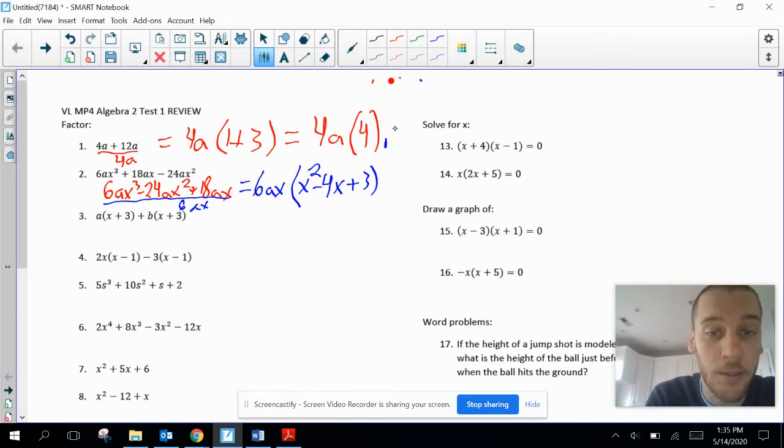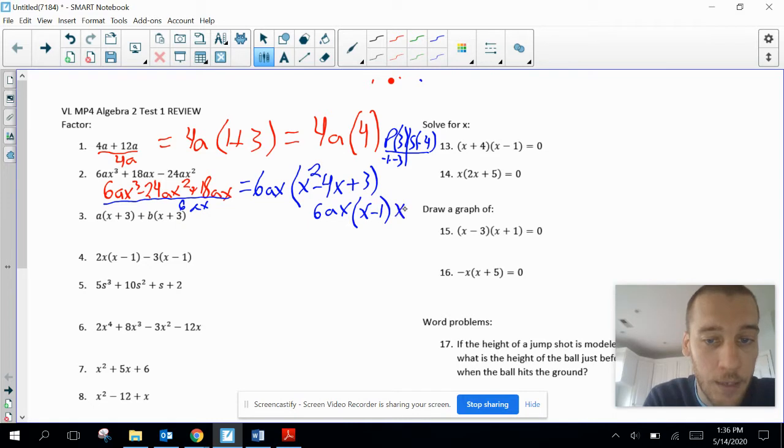So I want a product of 3 and a sum of negative 4. That's going to be negative 1 times negative 3. So this final form will be 6ax times x minus 1, x minus 3. Final answer.